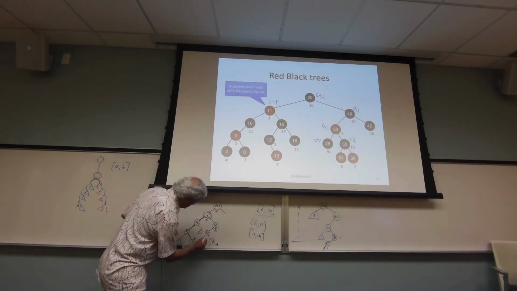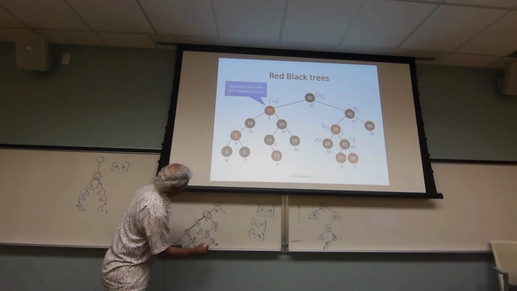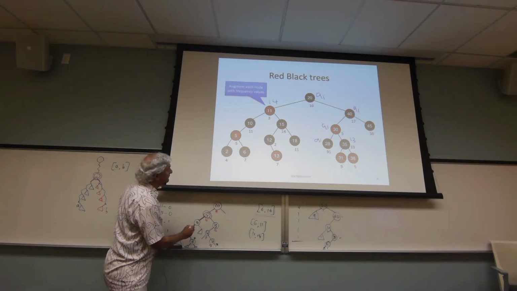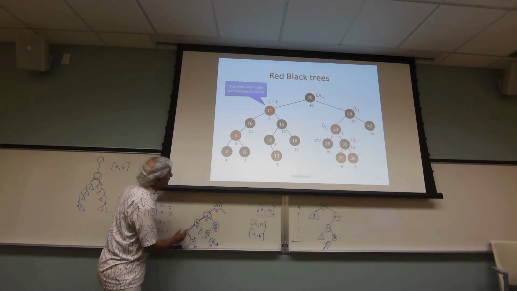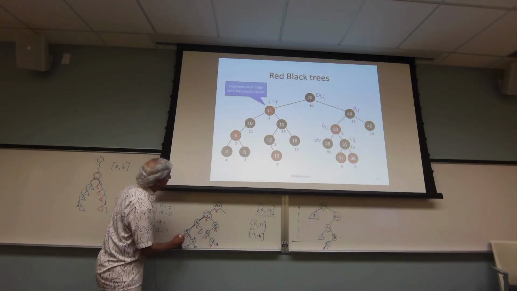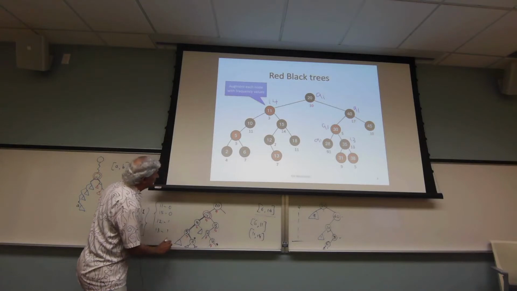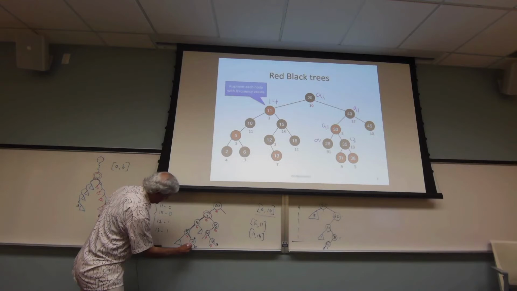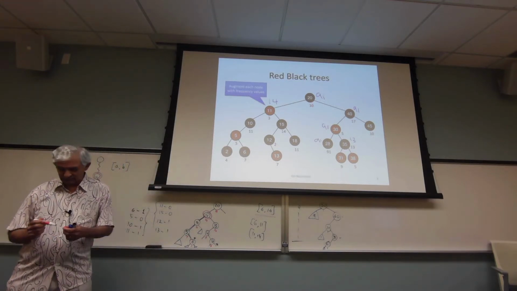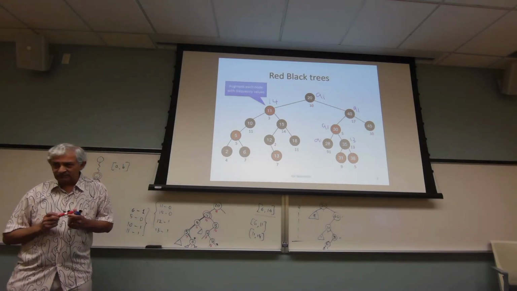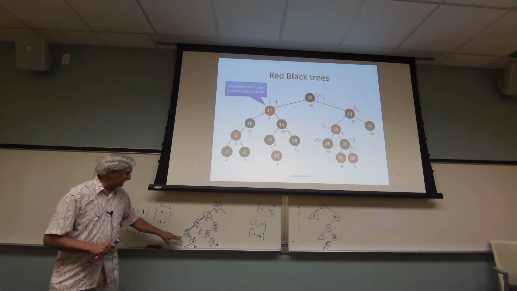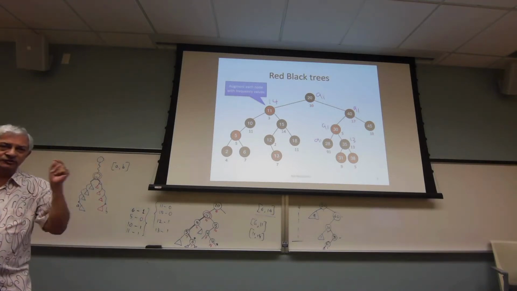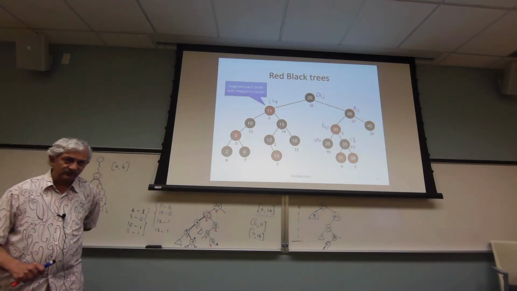We would have 7 over here. We would have 7 over here. We would have 11 over here. 7 over here, and we would have 7 over here. This is what we are going to get, right? Remember, these are the values of the largest frequencies you're going to find in the subtree. Fine?